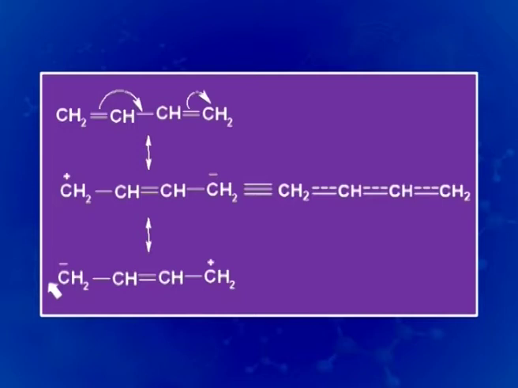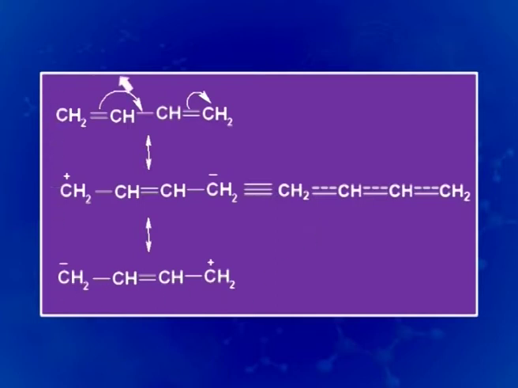The structures which are shown through resonance can again be depicted like this, wherein we represent the upper bonds by a dash bond and the lower ones, the single bonds, remain as such. The bonds which are labile, which are moving from one to the other, are shown by a dash bond, and this is what depicts a resonance structure of this particular molecule.